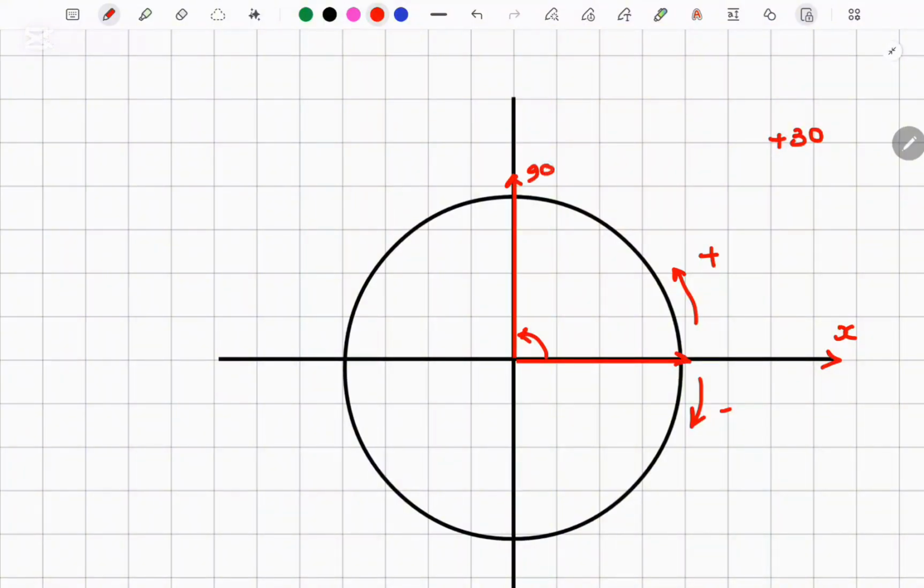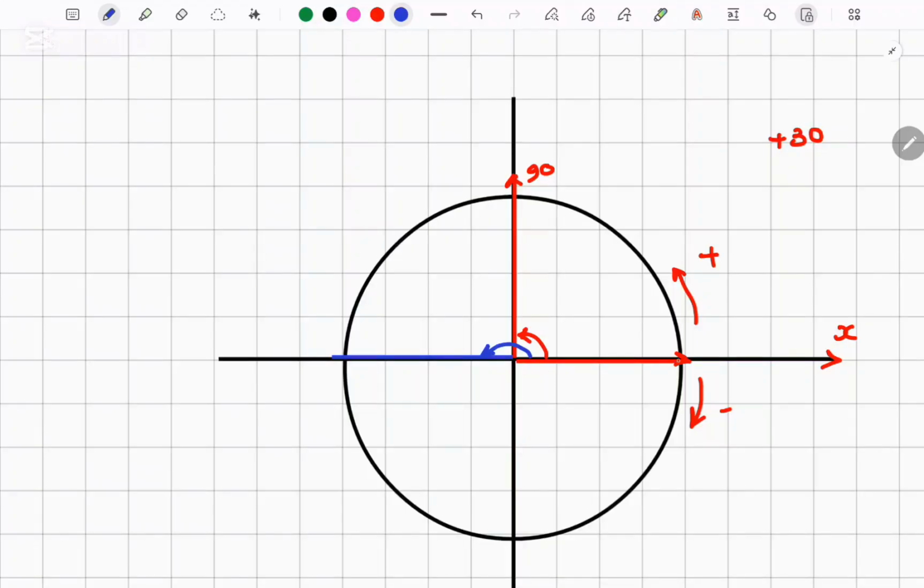Sometimes we do not show the initial side because everyone knows that angles in the standard position start from here. If I wanted to show 180 degrees, it would have been here. So this is going to be 180 degrees.